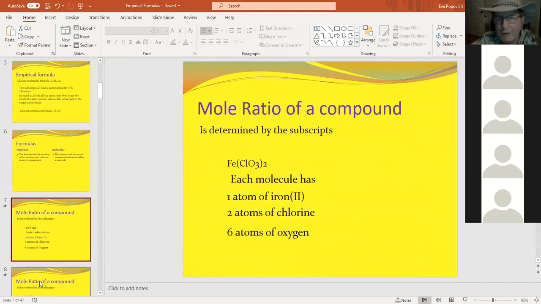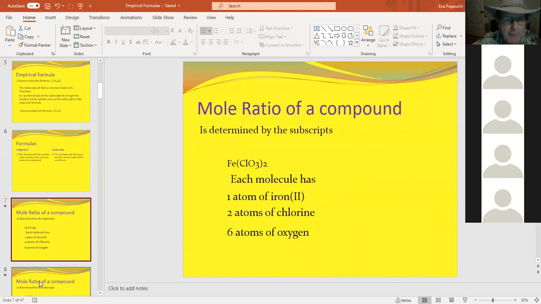Now, let's look at a compound. If I have one molecule of iron(II) chlorate, I'm sure you would agree that each molecule has one atom of iron, 2 atoms of chlorine, and 6 atoms of oxygen. But what if I have 6.02 times 10 to the 23rd molecules of iron chlorate? I would have 6.02 times 10 to the 23rd atoms of iron, or 1 mole's worth of iron.